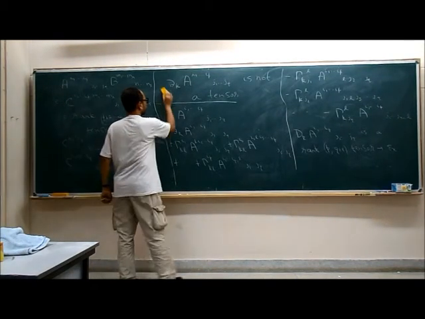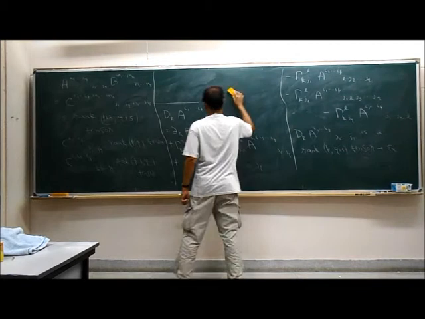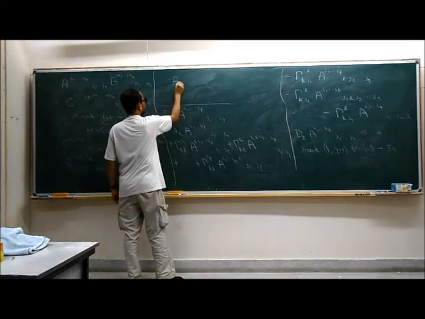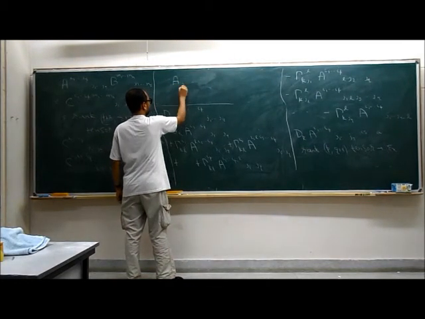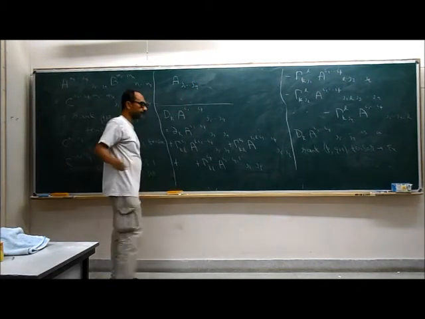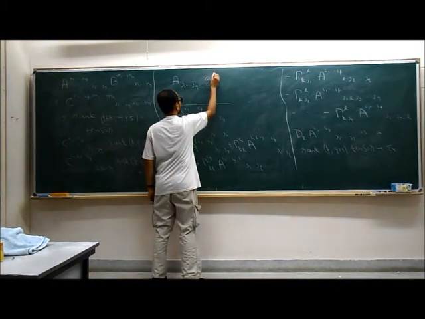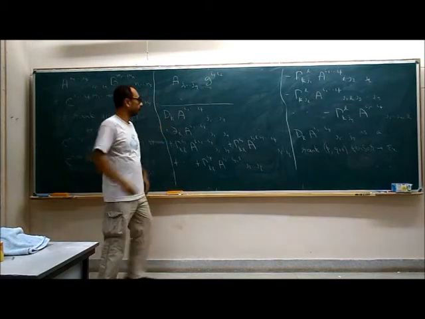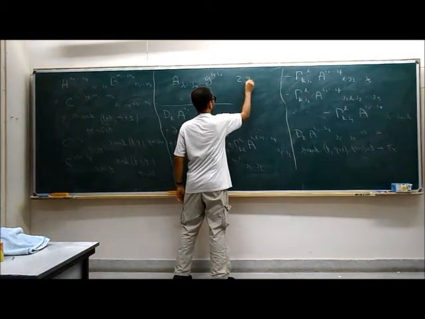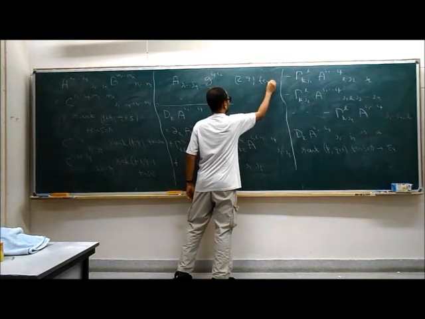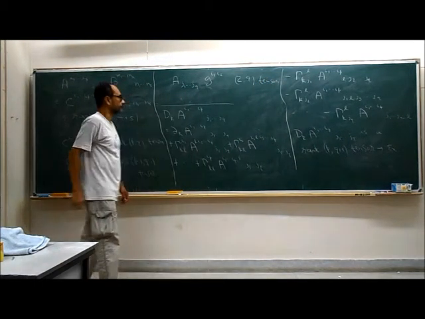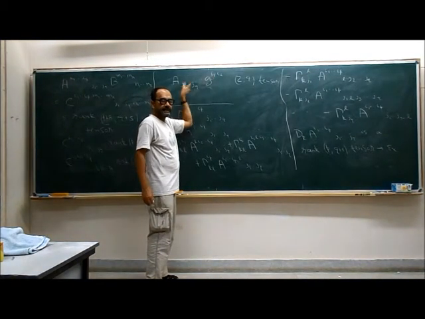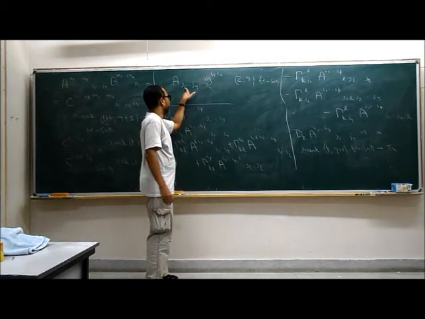So now if we have a tensor like A with indices I1 to IP, J1 to JQ, times g with indices I1 I2, this object is a (P plus 1, Q plus 1) tensor. Now I1 is an upper index and J1 is a lower index, so you can set I1 equal to J1 and sum.